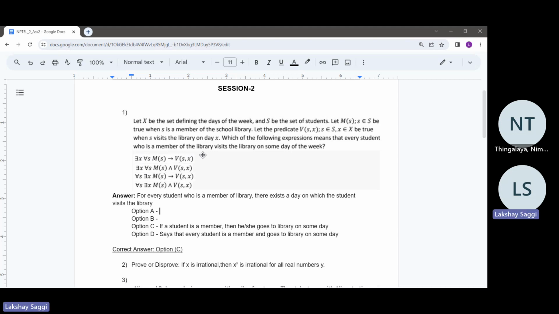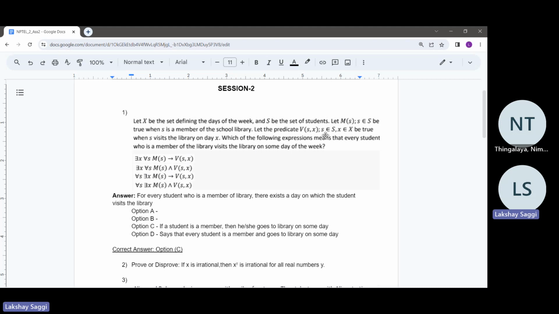So this part is saying that there exists a day, and the inside part is saying that if a student is a member of the library, then that student visits on the day X, right? So do you see why this statement is actually wrong?